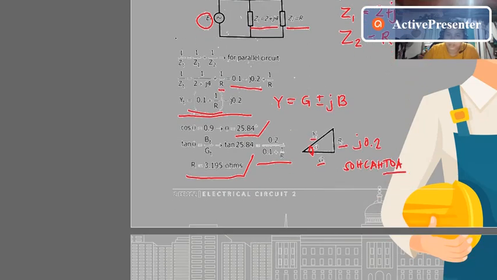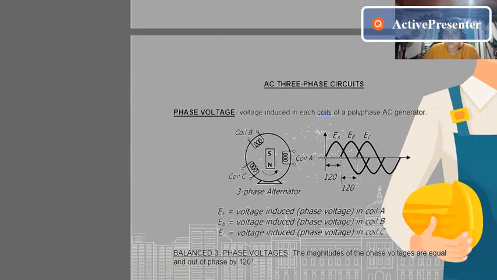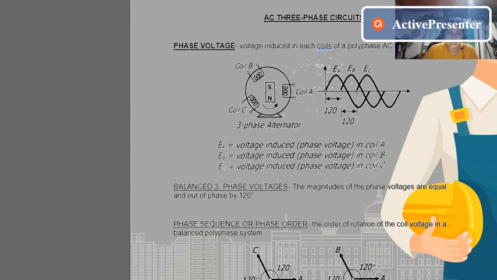So for our next topic, let us proceed to AC three-phase circuits. The phase voltage is induced in each coil of a polyphase AC generator. In three-phase, we have coil A, coil B, and coil C. This figure is the three-phase alternator. Since it is three-phase, there are three windings whose angle difference is 120 degrees.